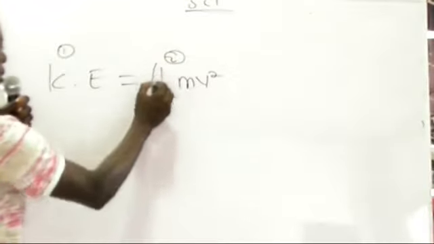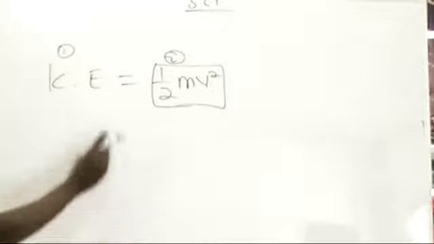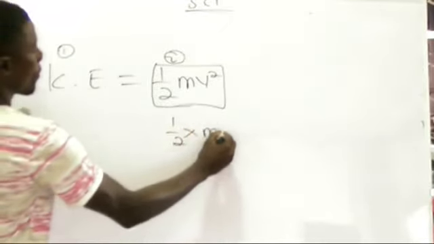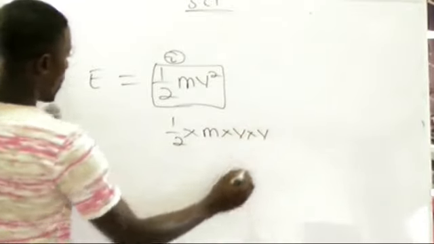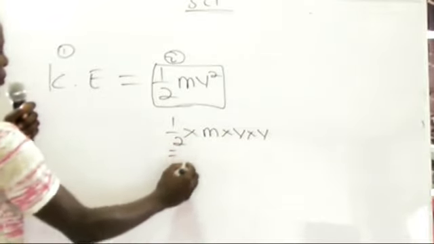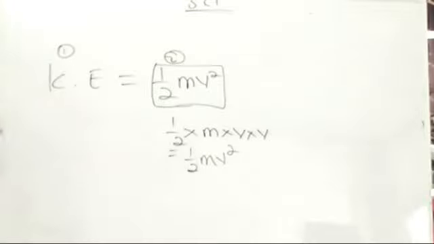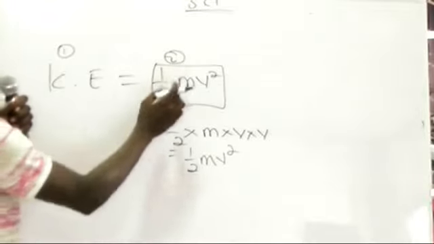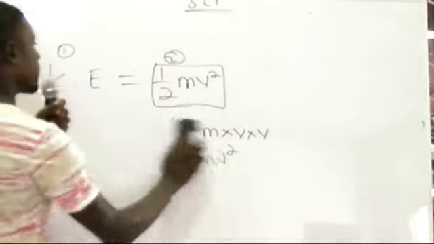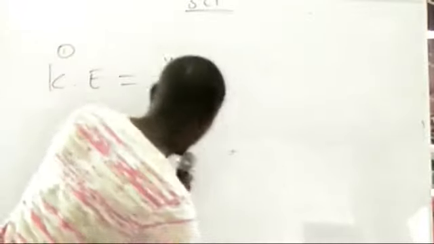The whole of this is 1. So we have half times m times v times v. It will give you half mv squared. So the whole of this is 1. So you use 2 to multiply.